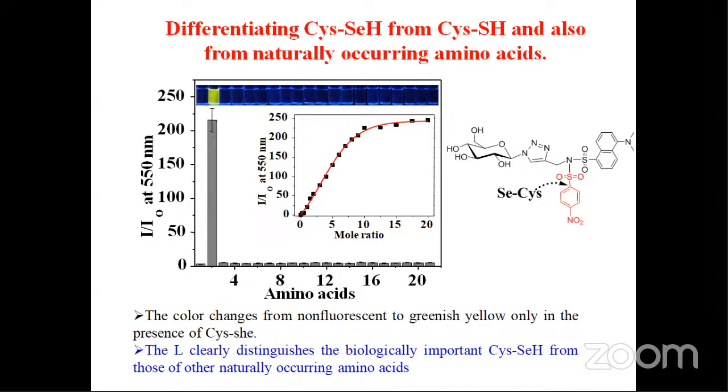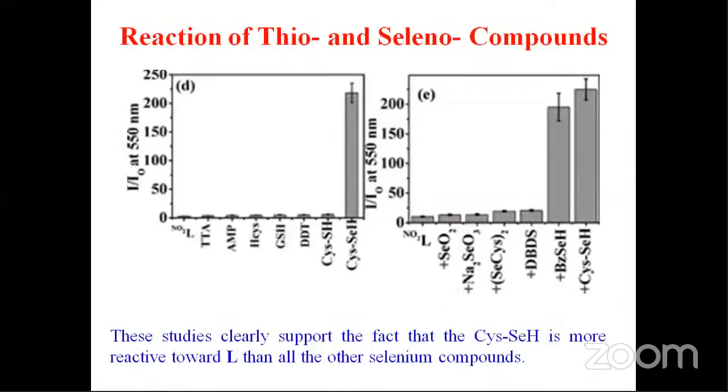We also studied the reaction of thiol as well as selenium containing compounds, because in our biological system we have different thiol containing molecules, such as homocysteine, glutathione, DTT, and cysteine, and also some other selenium compounds, such as selenium dioxide, sodium selenium dioxide and benzene selenol. So there are different kinds of thiol as well as selenium containing compounds.